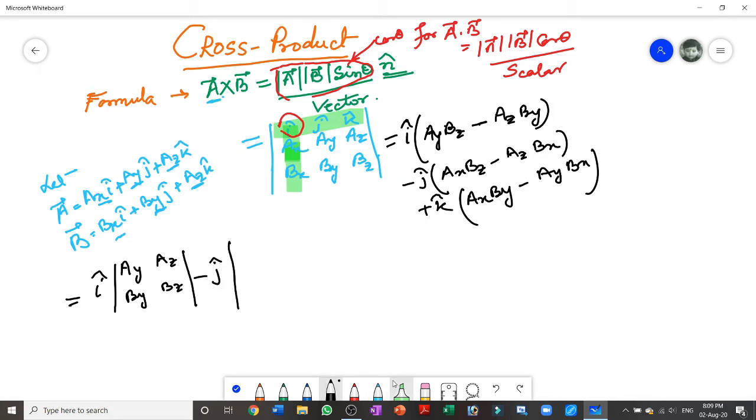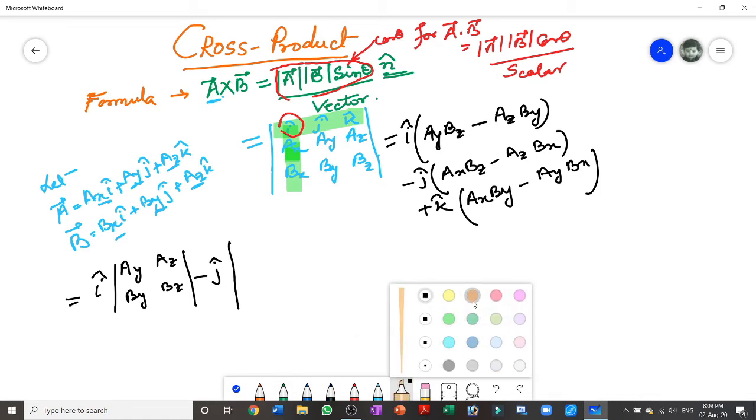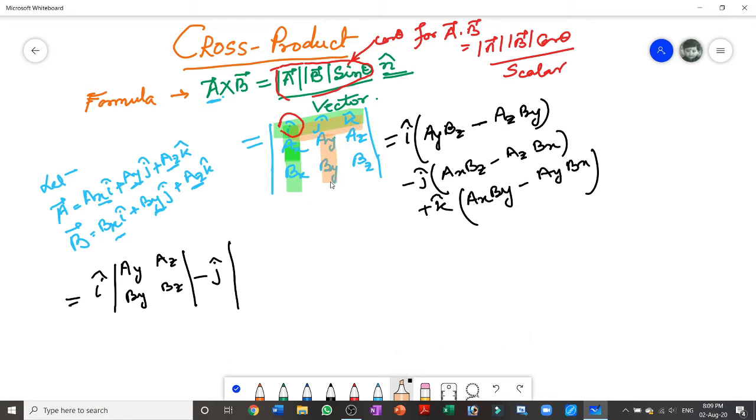Similarly for j cap, we also have to remove these sections, that is this row and this column. We are left with ax az and bx bz.